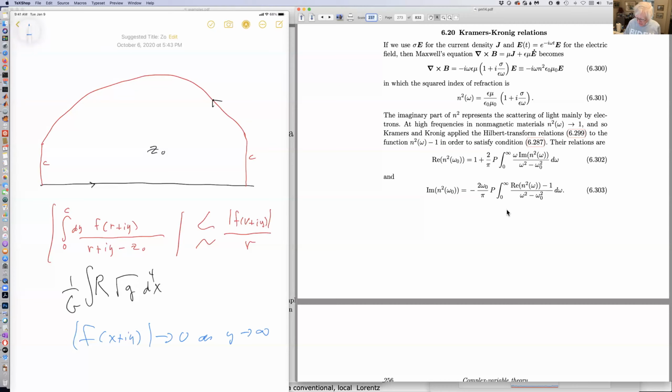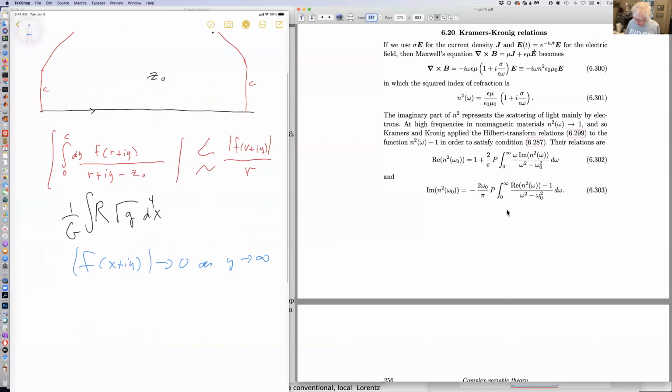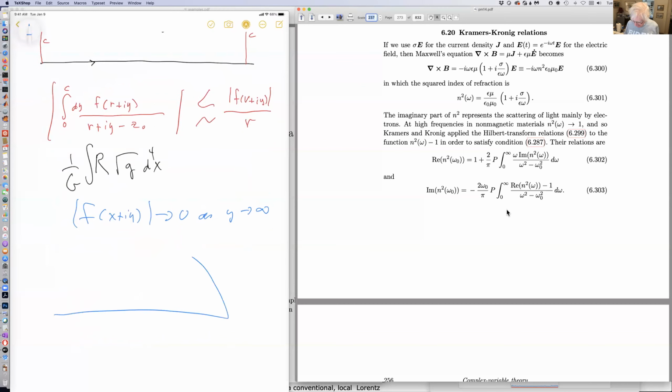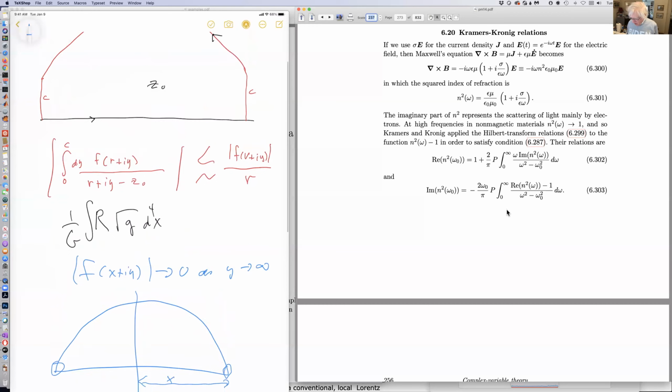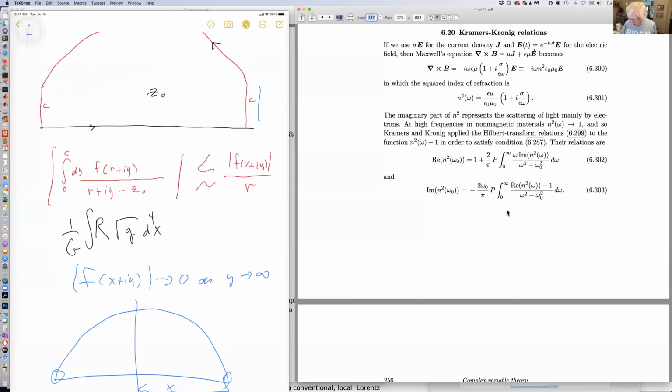But now, if we do a contour that's a circular contour like this, then in this part of the contour, y is not huge. The thing that's huge is x, because x is the distance from the origin here to the point there. So that's why I chose to integrate up here and then down there at values of huge x.